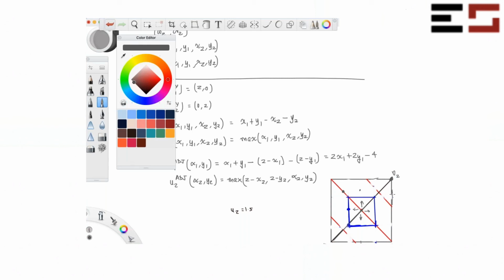So in fact all the allocations except this one are not efficient, because no matter what point you pick in this box, the IC through this point of individual 1 will look like this, and of individual 2, it's going to look like this.